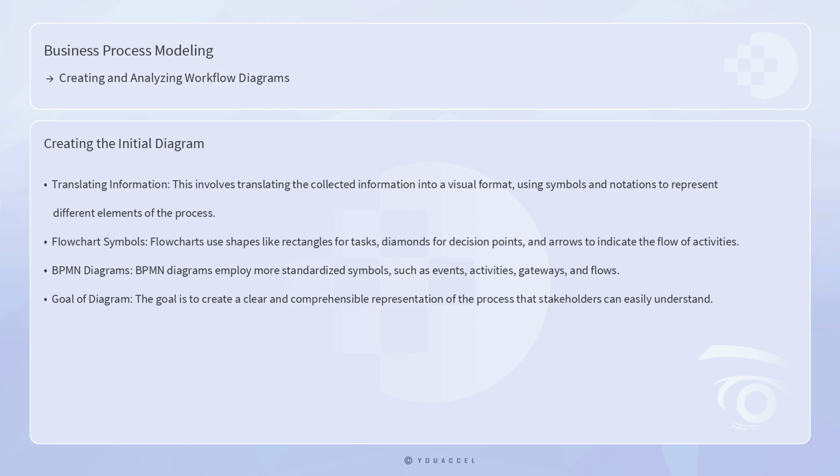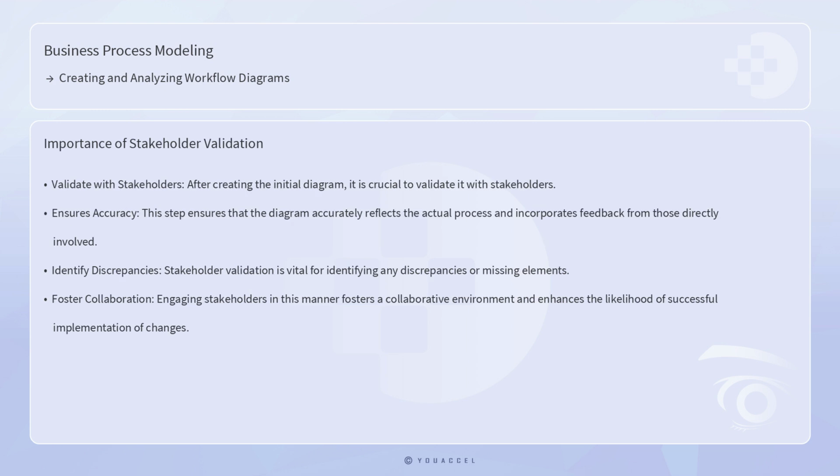BPMN diagrams, on the other hand, employ more standardized symbols such as events, activities, gateways, and flows. Regardless of the chosen format, the goal is to create a clear and comprehensible representation of the process that stakeholders can easily understand.